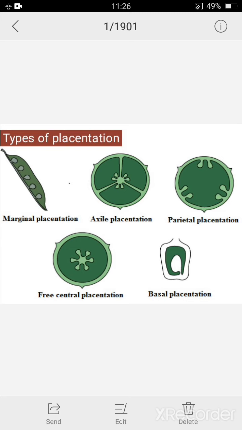So the last one, coming to the last placentation, it is basal placentation. In basal placentation, you can see development of the placenta at the base side of the ovary. And there is a single ovule attached to the placenta which is present at the basal side, and this phenomenon is called basal placentation.